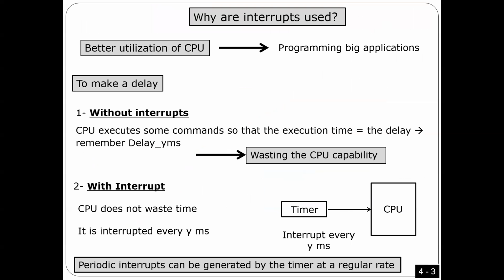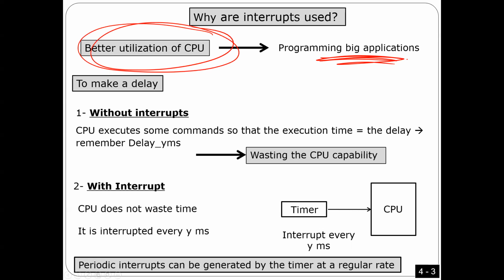So now, okay, tell us how this is great, why it is very useful. I'm going to tell you why it is very useful. Okay. Number one, better utilization of the CPU. That means I can write big applications. Okay, guys, the CPU is a computer.